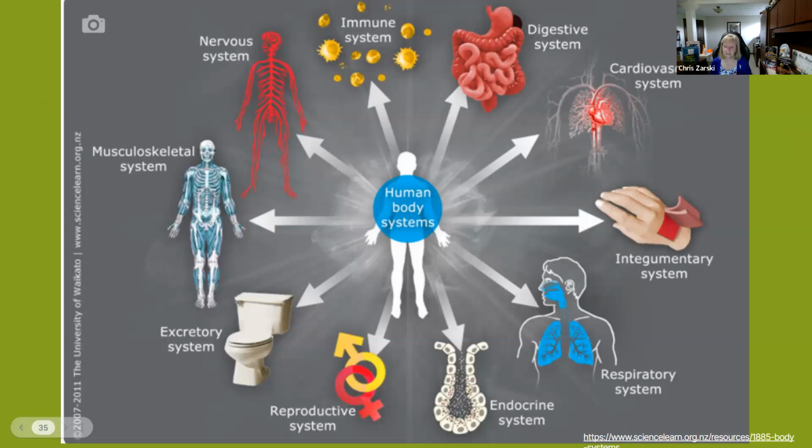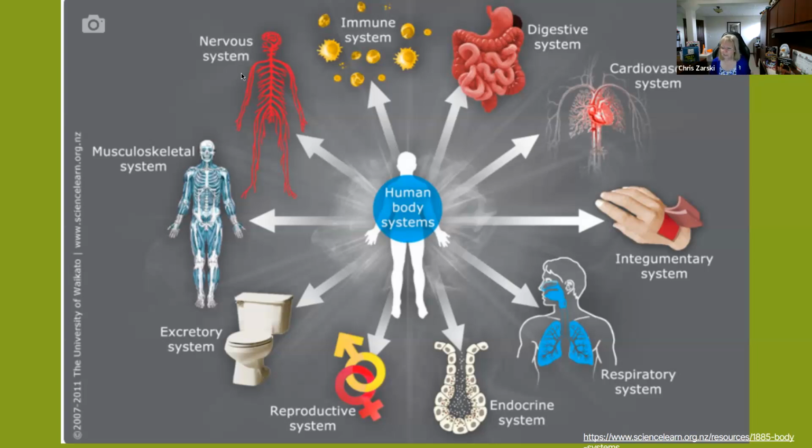So the human body systems, there's lots of them, and students need to know that it's not just the ones that are given in the document that we're going to focus on. There are more. We're not going to unpack them all, but I do think it's important that they know that there is one that deals with your glands, and that there's one that's reproductive, and that there's one that has to do with your excretory, your urine and your solid waste output.